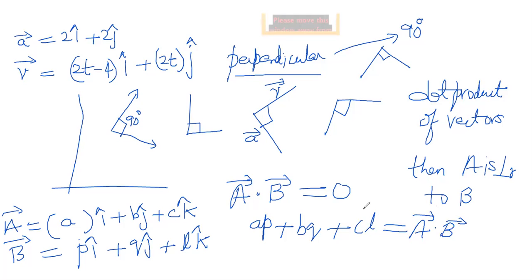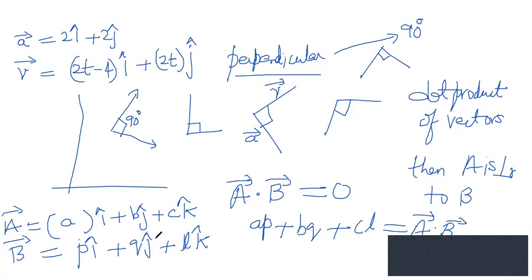We should not do the other multiplications: i j, i k, j i, j k, k i, k j. Otherwise, how many will come? 3 threes are 9 will come, no? Dot product means you should do like this.